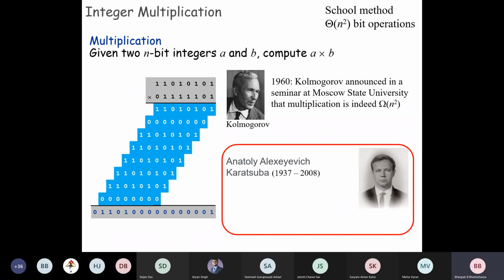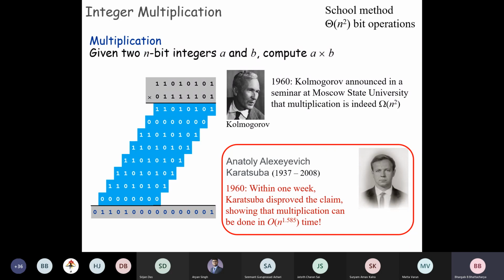During that time, no one had the courage to challenge Kolmogorov. He was a legendary mathematician. But this young gentleman, only 23 years old, after 1 week, disproved the claim, showing that multiplication can be done in n to the power 1.585 time.